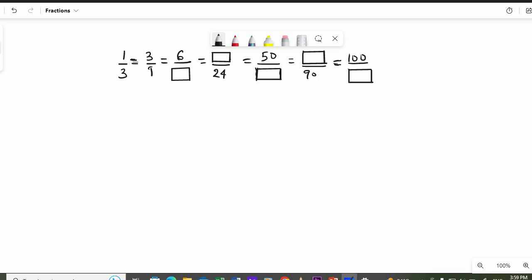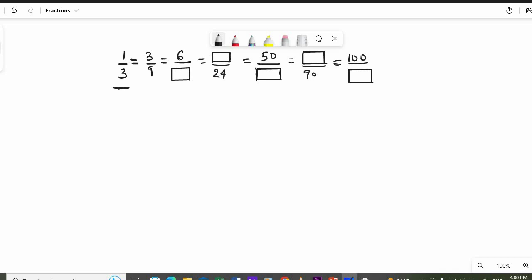Alright, so our focus will be on the first fraction, which is 1 over 3. In order to solve to get the numbers in the missing spaces, now remember our principle of equivalent fraction, that you multiply the numerator and the denominator by the same number so that you have an equivalent fraction. Meaning that if you multiply 1 by 6 to get 6, you must also multiply 3 by 6 to get whatever number is missing here.